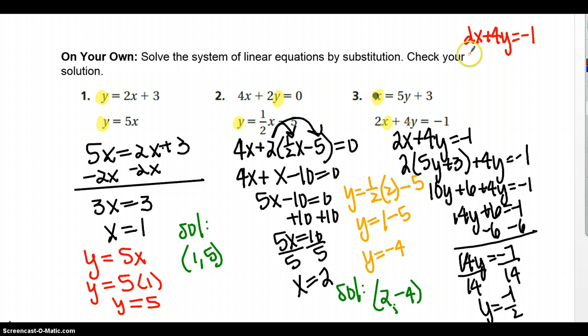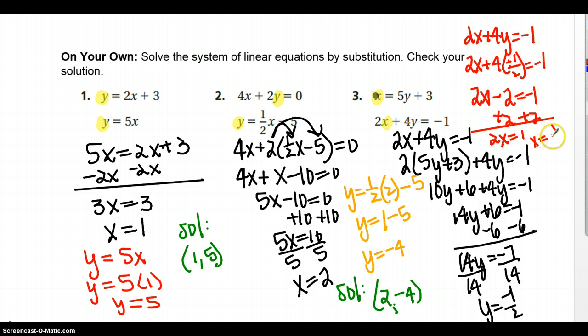I'm going to plug in my y, so I have 2x plus 4 times -1/2 equals -1. So -1/2 times 4 is -2. If I add 2 to both sides, I have 2x is equal to 1, which makes x equal to 1/2.